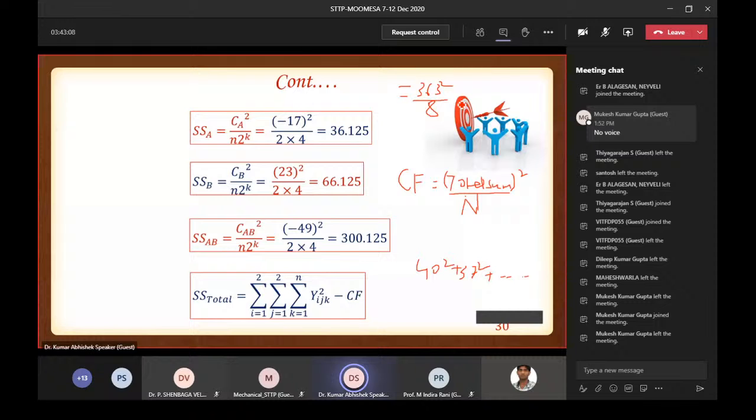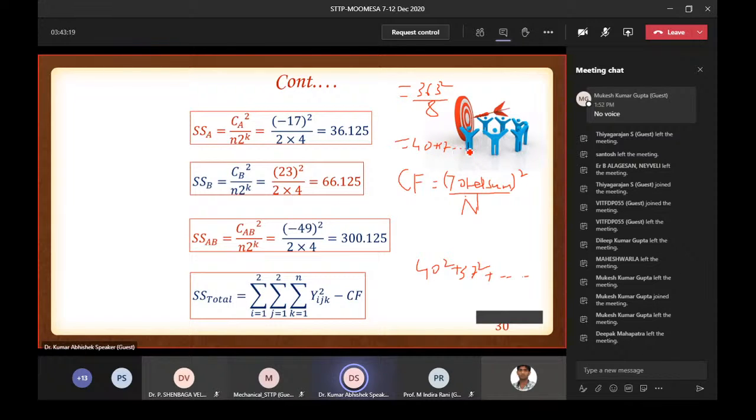Like 40 plus 37 till the last observation, and you just square it and divide by the total number of observations. This will give the sum of square of the total.